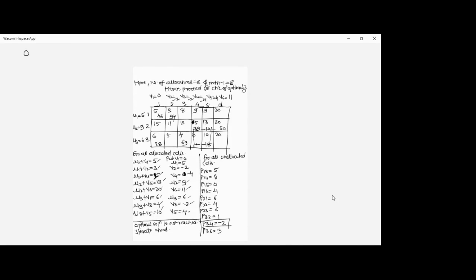Here it will be plus, here it will be minus, here it will be plus, and here it will be minus. If you consider minus signs, here we have 39 and 18. 18 is to be selected as it is the smallest value, right? So 18 will be selected, and we are going to do the allocation. We are going to consider 18 only.